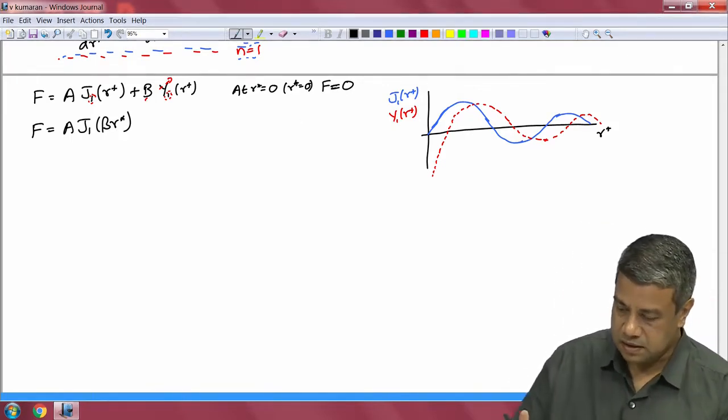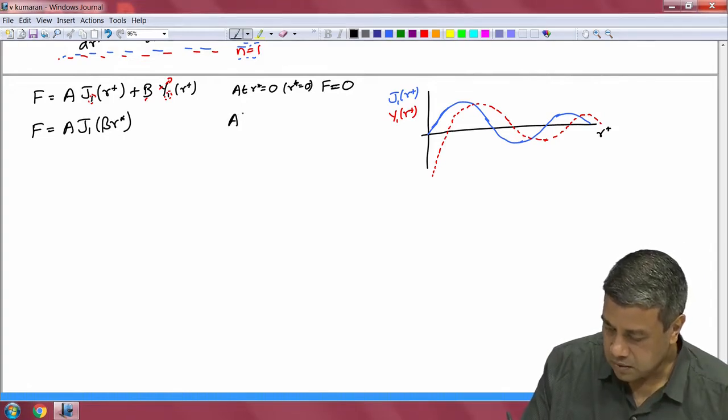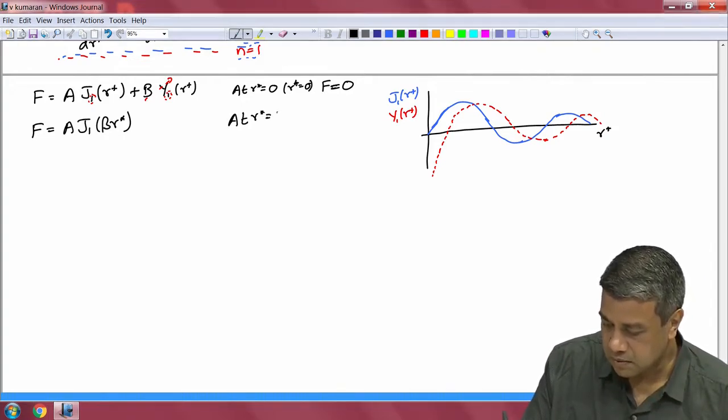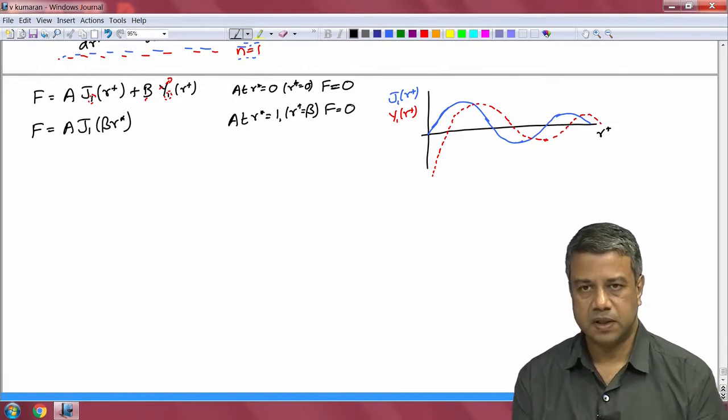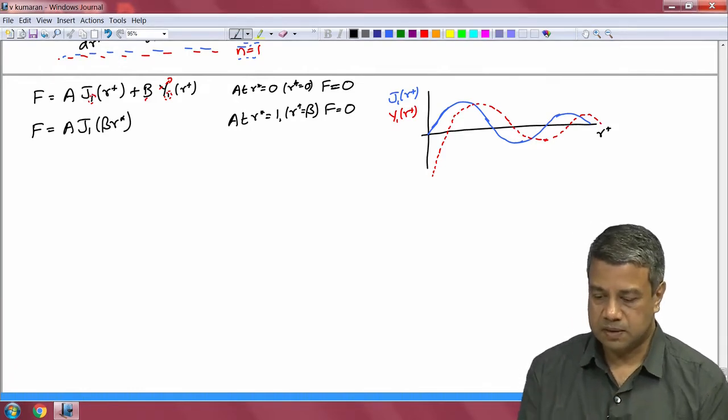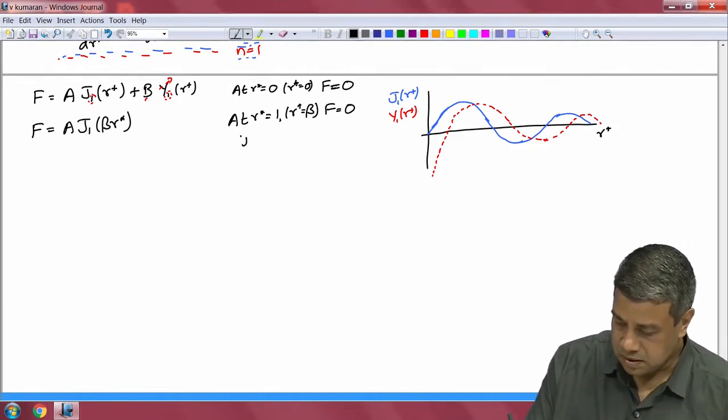There is a second homogeneous condition at r star equal to 1, which implies that r plus is equal to beta, and f is equal to 0. This implies that J1 of beta is equal to 0.